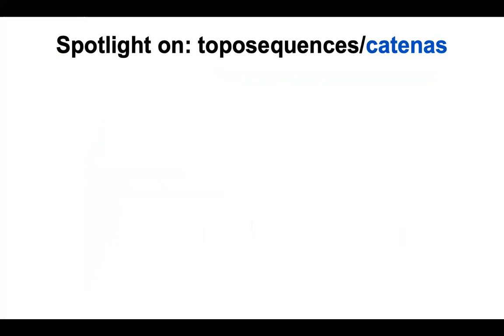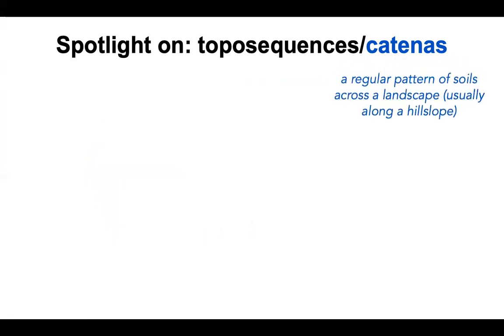So real quick, I want to zoom in and spotlight on toposequences, or another word we have for them is catenas. Now, we give these toposequences a special name because back in like the 1930s, soil scientists started to notice there's this regular pattern of soils across the landscape.